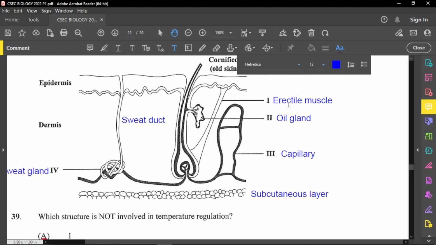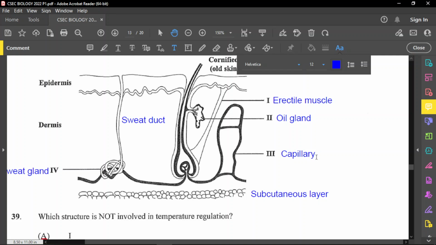The erectile muscle will pull the hair up or down, depending on if you're hot or cold. You notice when you're cold you get goosebumps, because the hair follicle is controlled by the erectile muscle. The capillaries involve what they call vasodilation and vasoconstriction. If you are cold, you have vasoconstriction, which will retain the heat in the body.